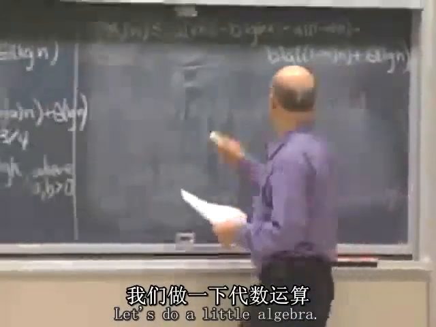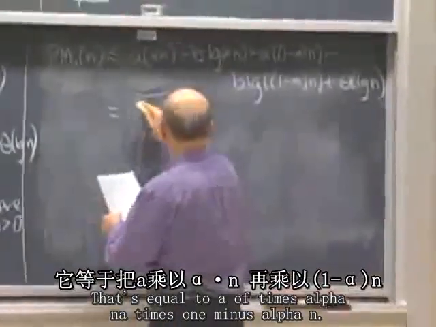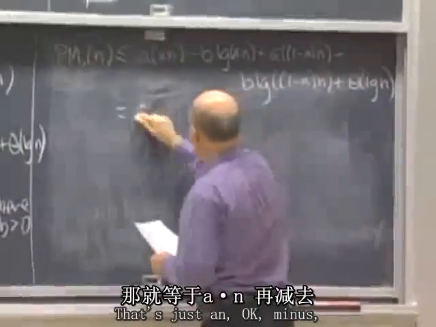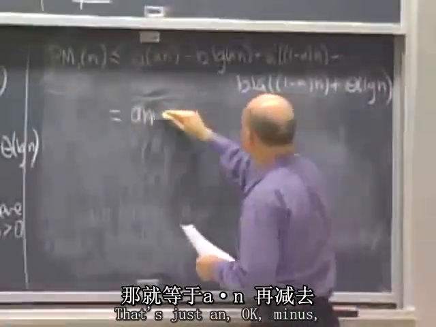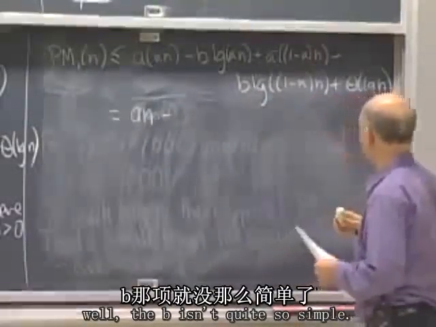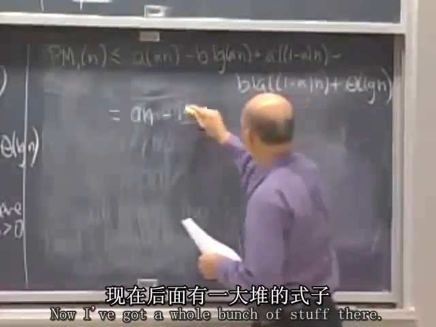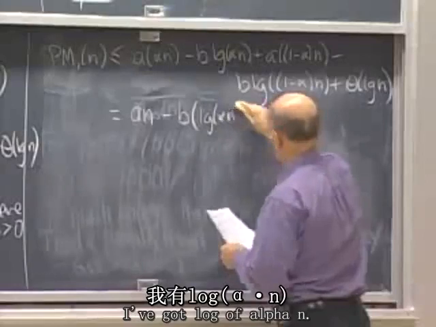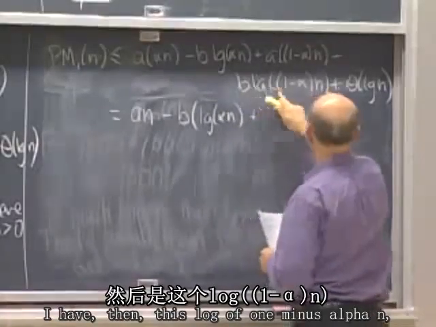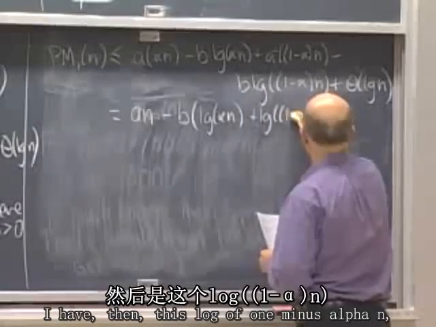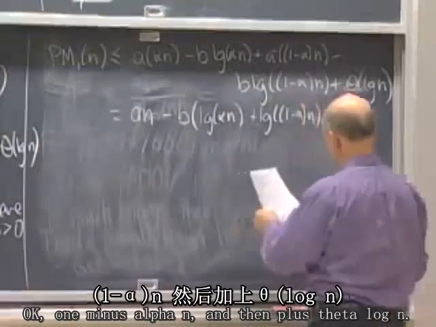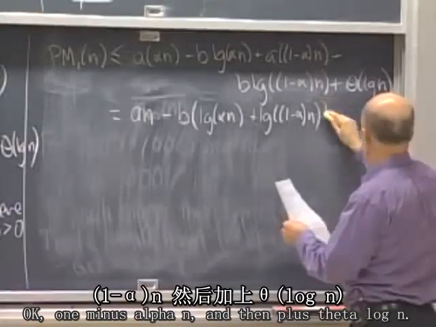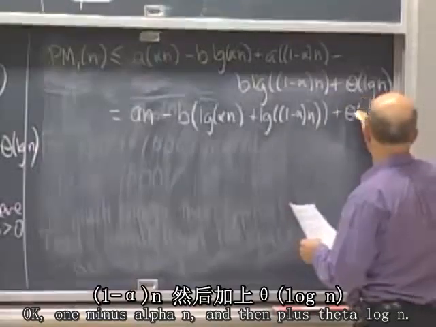Let's do a little algebra. That's equal to a times alpha n, a times 1 minus alpha n. That's just an. Okay, minus, well, the b isn't quite so simple. Okay, so I have a b term. Now I got a whole bunch of stuff there. I get log of alpha n, I have then this log of 1 minus alpha n, plus theta log n.